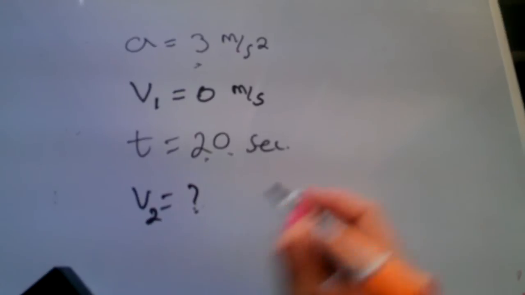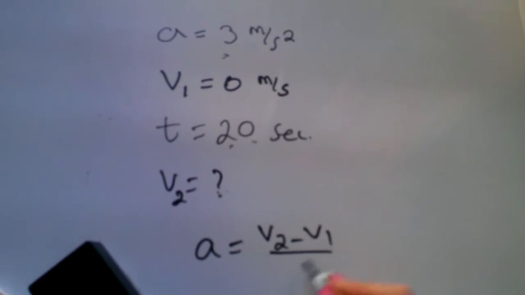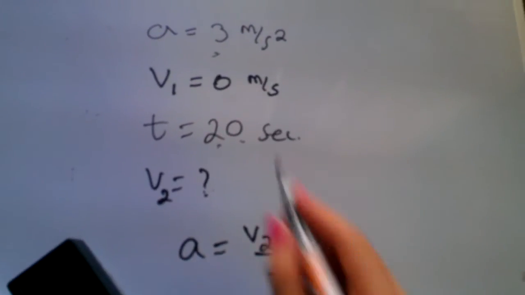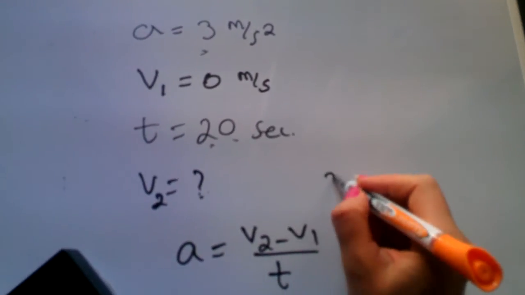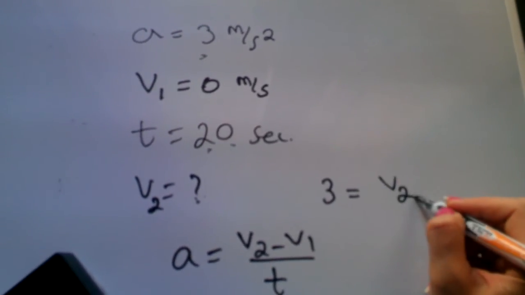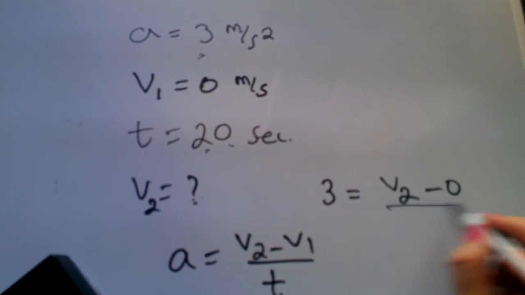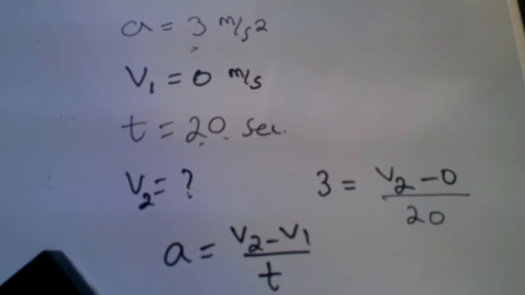What is the velocity of the car? So again, acceleration equals v2 minus v1 over t. Acceleration is 3. 3 equals v2, that I'm solving for, minus 0 over 20 seconds.